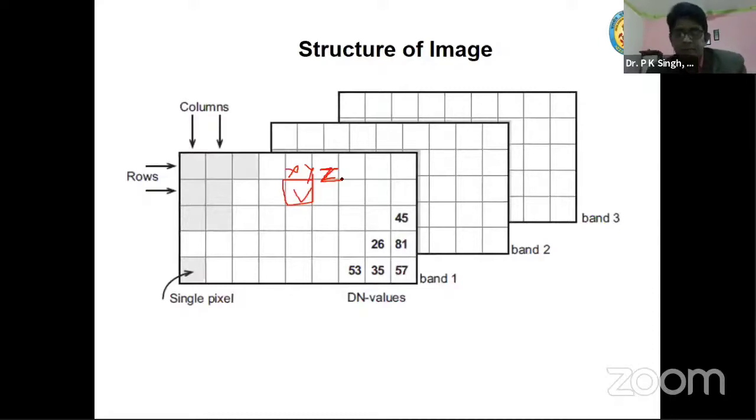I will explain different types of resolution later on. So this is the structure of raster images. And in a vector image, what happens? In a vector image, suppose you have to store one line. If it's a straight line, it will store only two things: the xy of this place and the xy of this place.